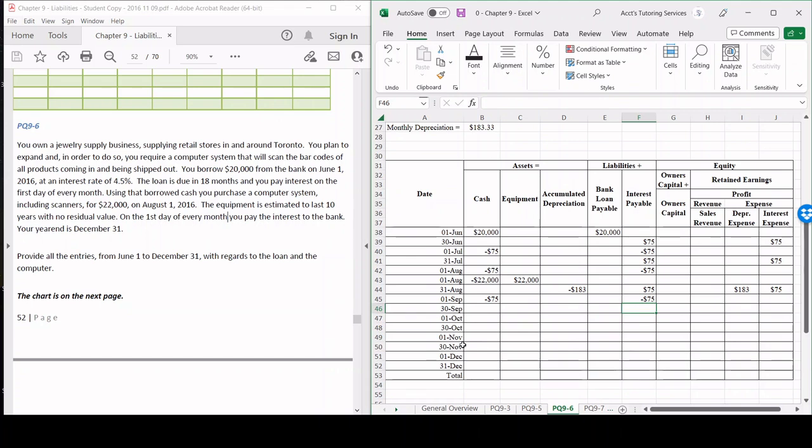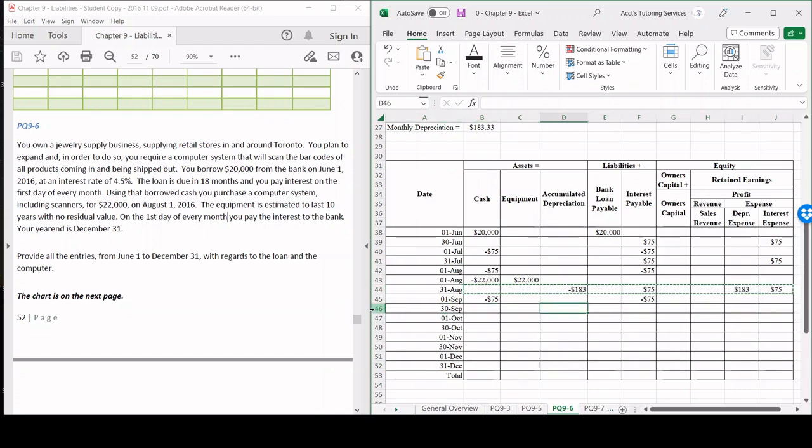Now, September 30th, October 30th, November 30th, and December 31st will have the exact same entry. So I'm just going to copy and paste it. Actually, let me do one last time for you guys, then I'll copy and paste it.